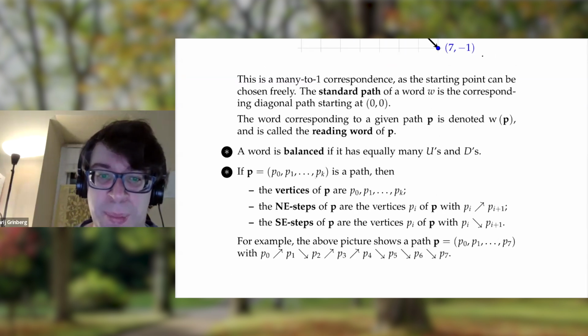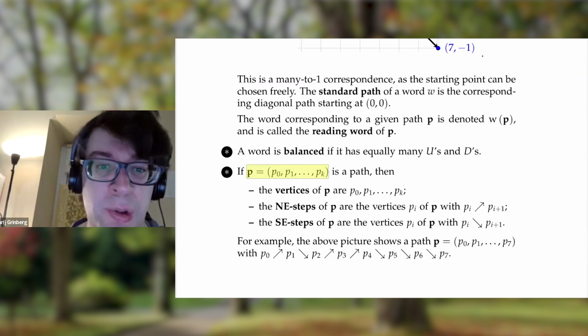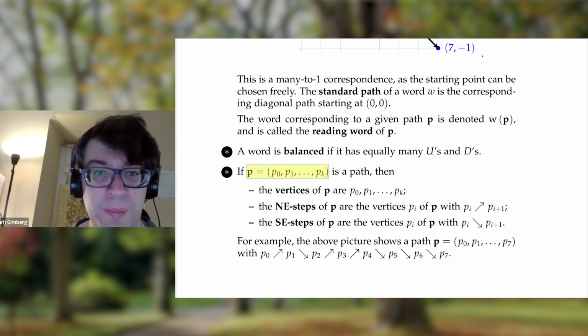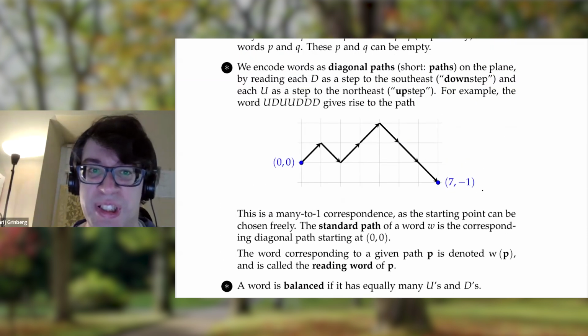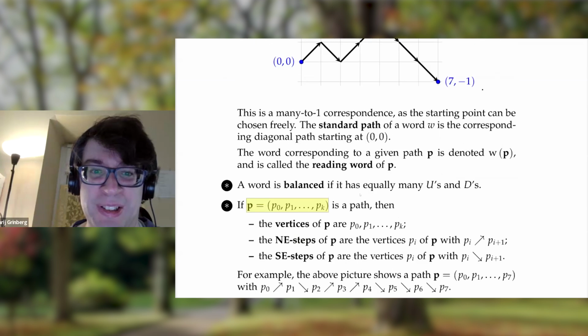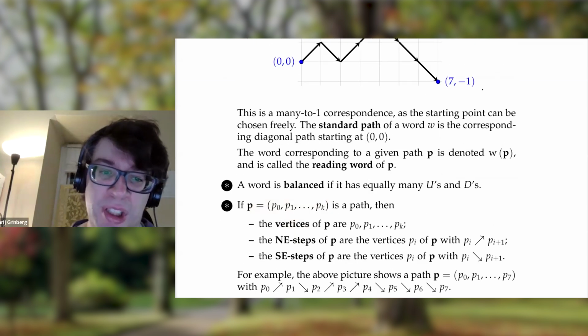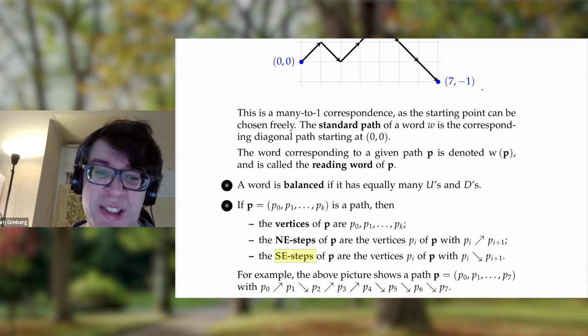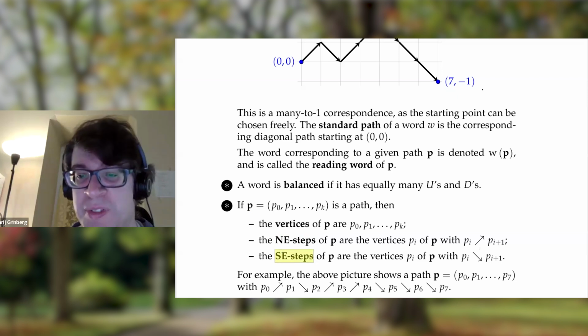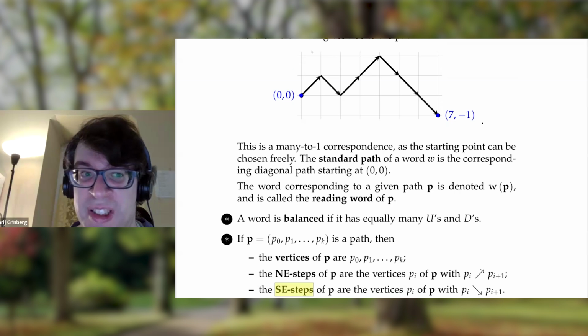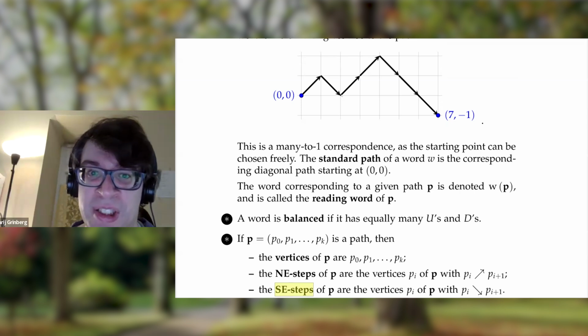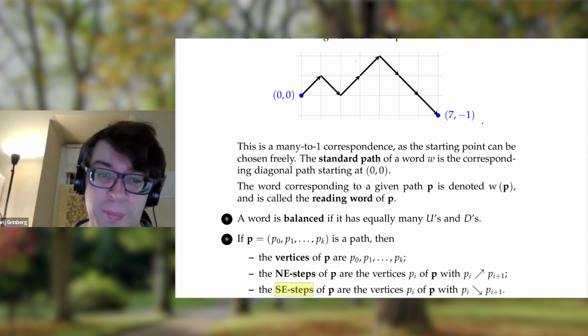Some more notations around paths. So a path for me is a tuple of vertices. This whole thing is, of course, a graph in a way, but for us, what matters are just the vertices. The NE steps and the SE steps are encoded respectively as the vertices where the steps begin. So an NE step is a vertex for which the next step goes up.